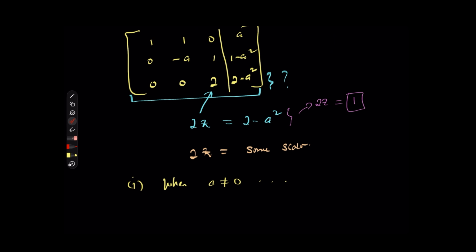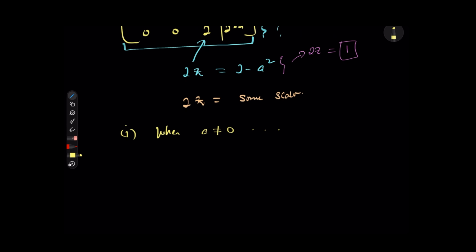And for our matrix, we could write the rank of A is equal to, sorry, is equal to 3, not 0. And this happens when negative A is not equal to 0.